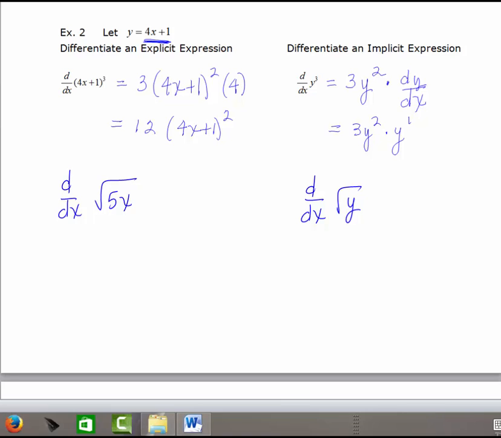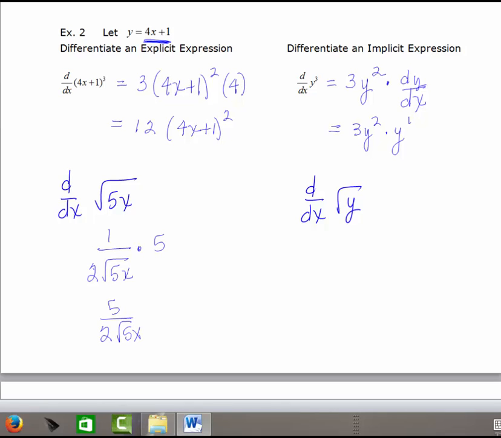Alright, let's look at one more example where we've got the derivative of the square root of some function of x, only here we know what the function is. And over to the right we have the derivative of the square root of some function, but we don't know what y in terms of x is. So to take the derivative of the square root of 5x, using the chain rule and the formula that we know, it's going to be 1 over 2 square roots of 5x times the derivative of 5x, which is 5, or just 5 over 2 square roots of 5x.